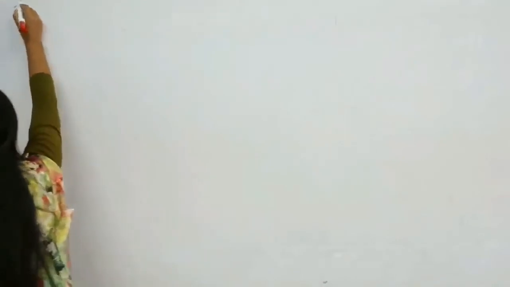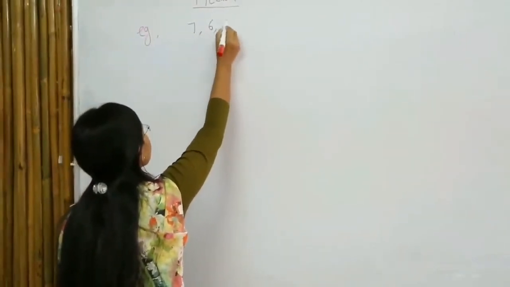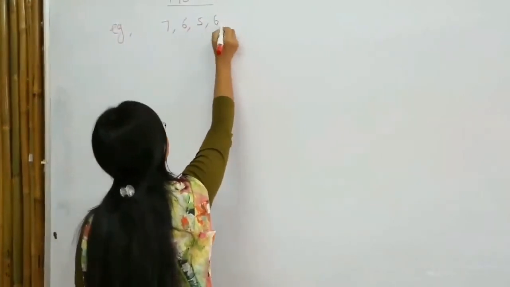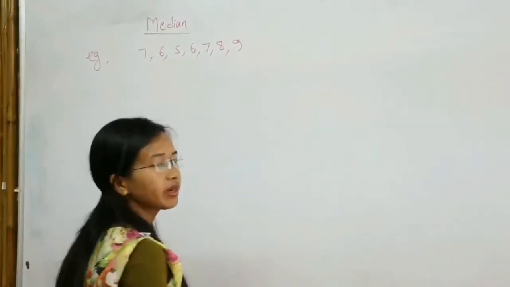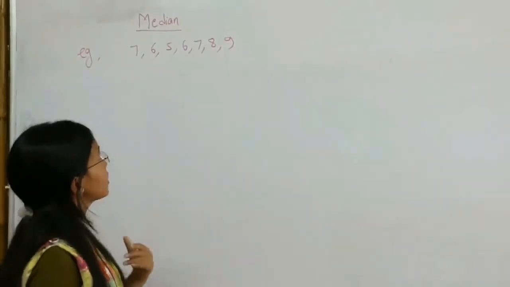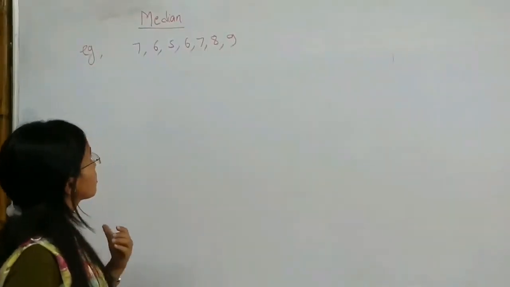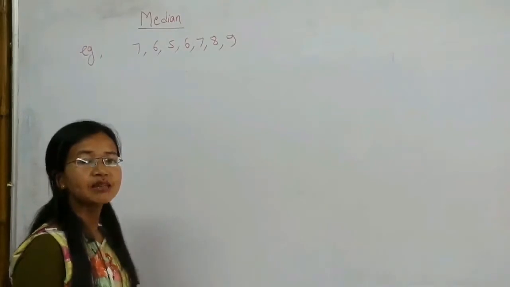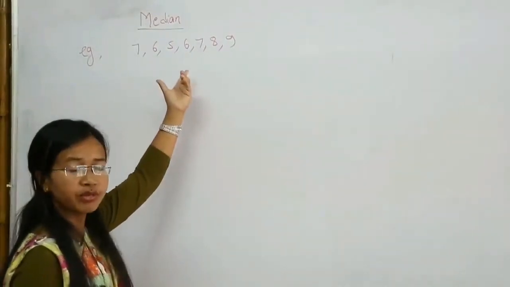For example, if we have data of the form 7, 6, 5, 6, 7, 8, 9, and we need to find the median of this data. Since I said that median is the middle value, it doesn't mean that you only have to pick the middle value from this data.